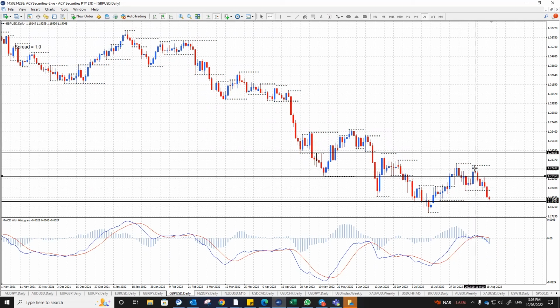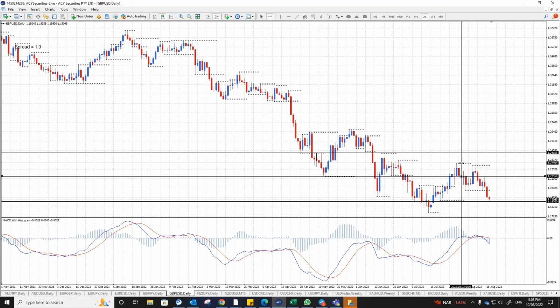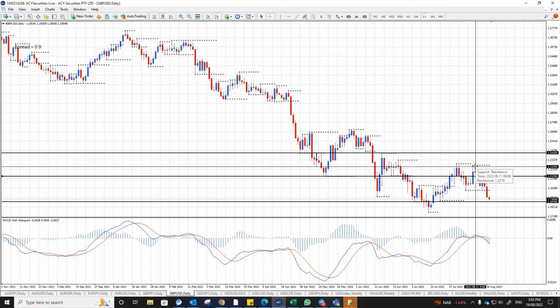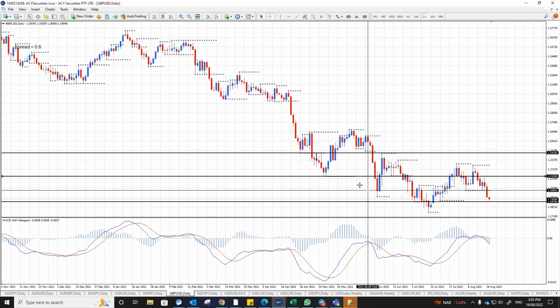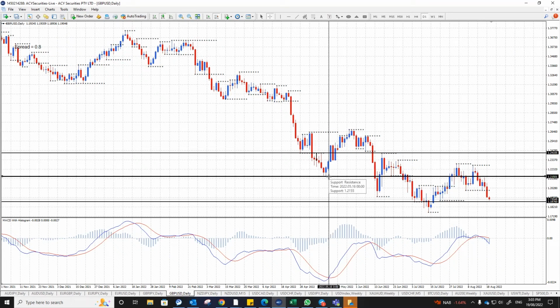Then it tried to come up and retest that same level of resistance that Duncan was pointing out. But once we saw price start to fail back below this level of support in line with the trend, we have then this week seen a really nice test, a good trade setup, and it moved all the way back down to retest that support.